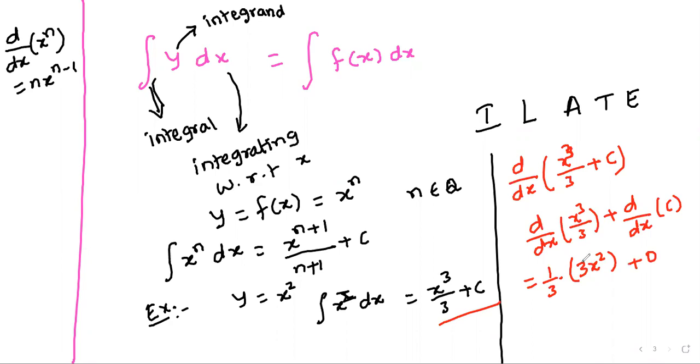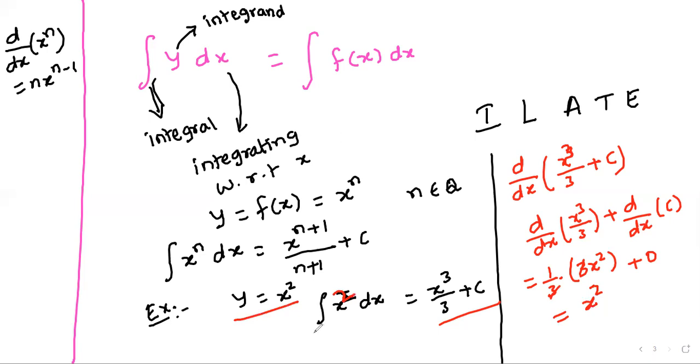So the 3 cancels, and again I got x square, the same function I had considered.